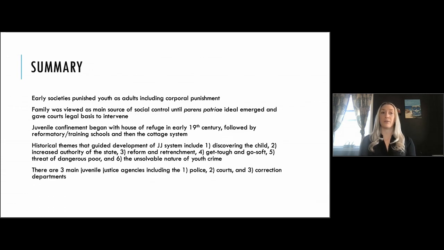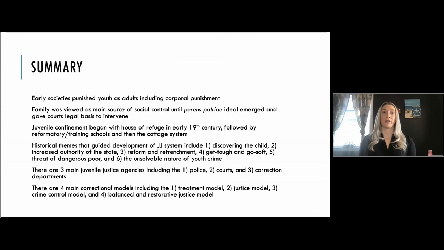There are also three main juvenile justice agencies involved in the system: the police, the courts, and corrections departments. And finally, there are four main correctional models: treatment, justice, crime control, and balanced and restorative justice. So that was your Chapter 1 lecture.